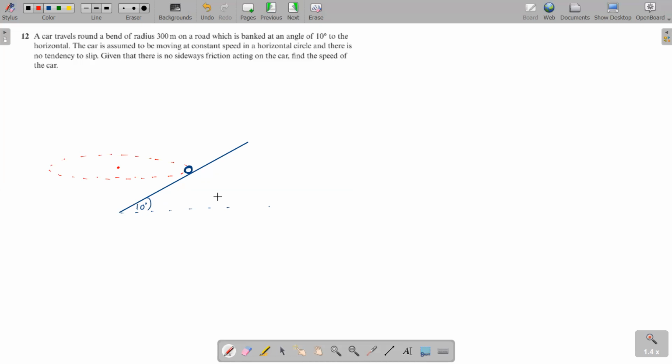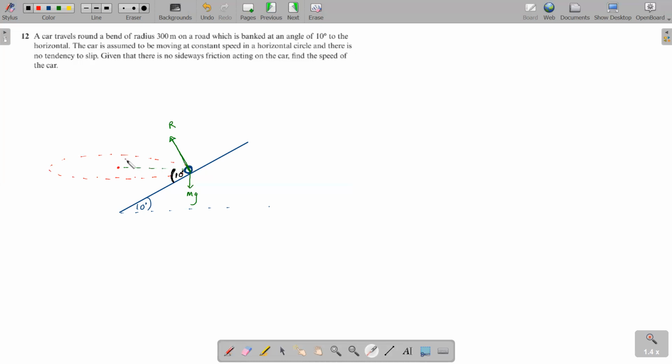If there's no friction, what you'll be having here is the normal reaction and the weight. So normal reaction, and you have the weight of the car, which is mg. So these are the forces that you have, and this is 10 degrees. So by alternate angles you have 10 degrees.